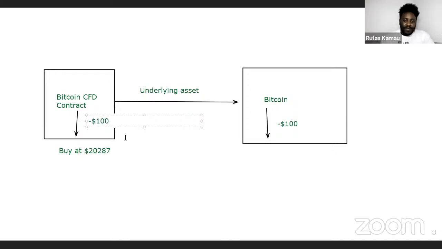Let's say it's 1, 2, 3, or even 4 hours after buying this contract and the price goes down by $100, and then you decide to sell the contract at the new price, in this case 20,187. Then this means you've made a loss on that particular trade, and that loss is equivalent to $100. And that's basically how CFDs work.